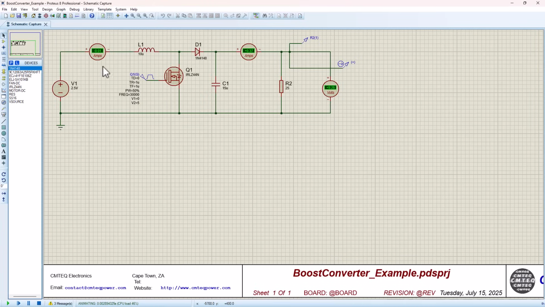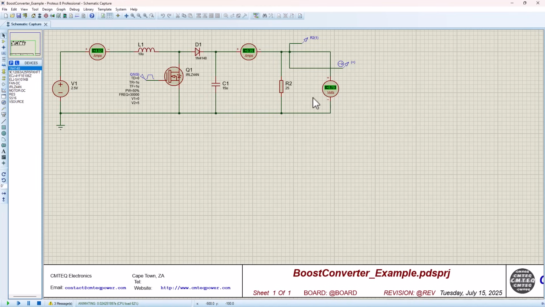Okay, now we need to select these values here, the correct switching frequency, the correct duty cycle, and the correct capacitor value, correct inductor value, and also the power across the load that will determine the energy transfer, because remember we still need to maintain the conservation of energy here. So if we take 5 watt on the input, we must transfer 5 watt on the output.